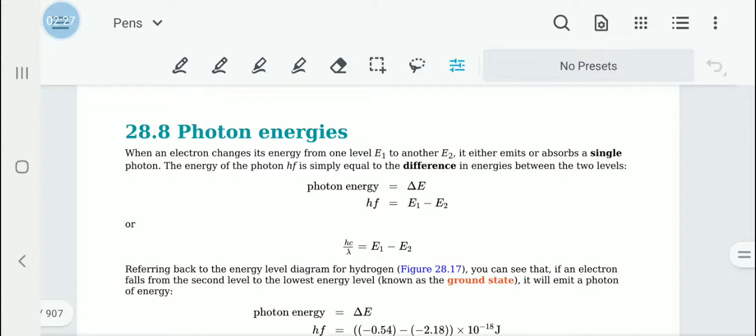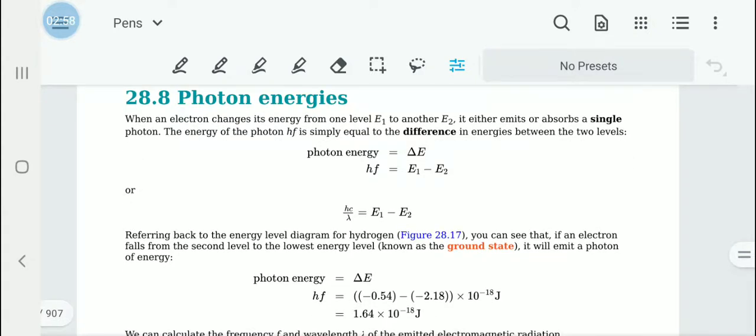When an electron changes energy level from one energy level to another, it absorbs or emits a single photon.